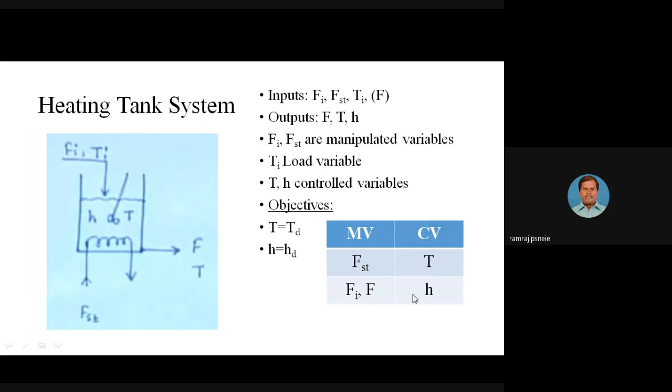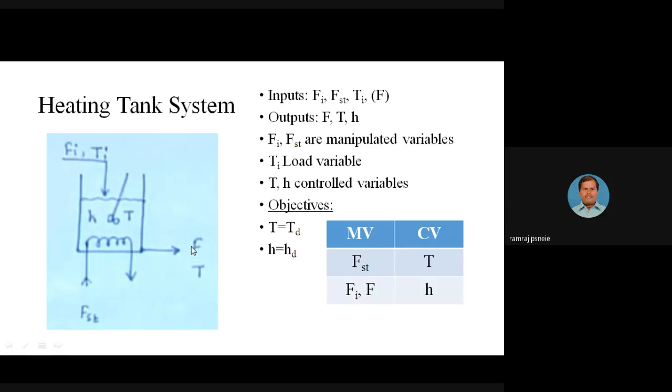Now you list the input and the output variables. Input variables are F suffix i, F suffix st, and T suffix i. These are input variables. Here, if you are using F as a manipulated variable, at that time F falls under the category of inputs.